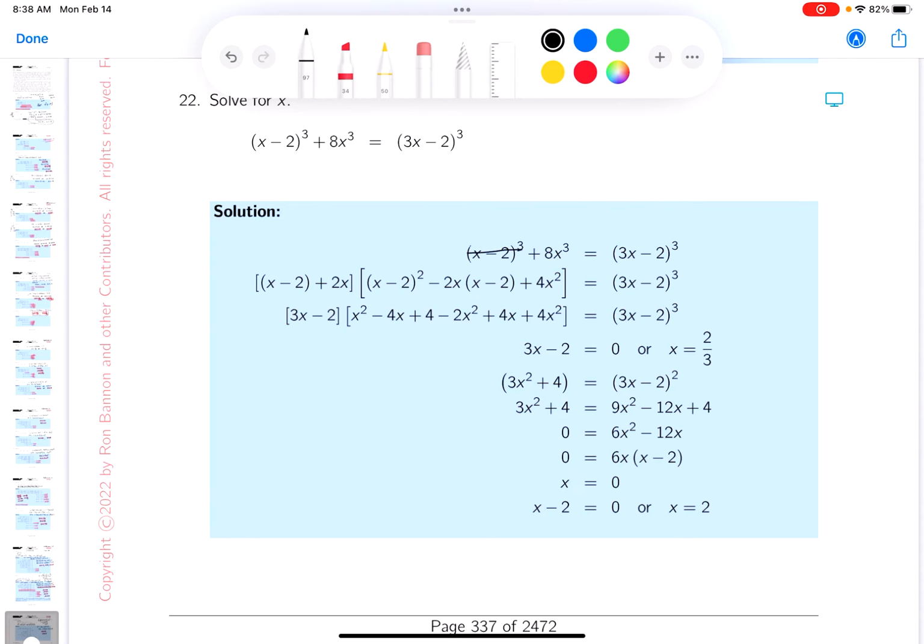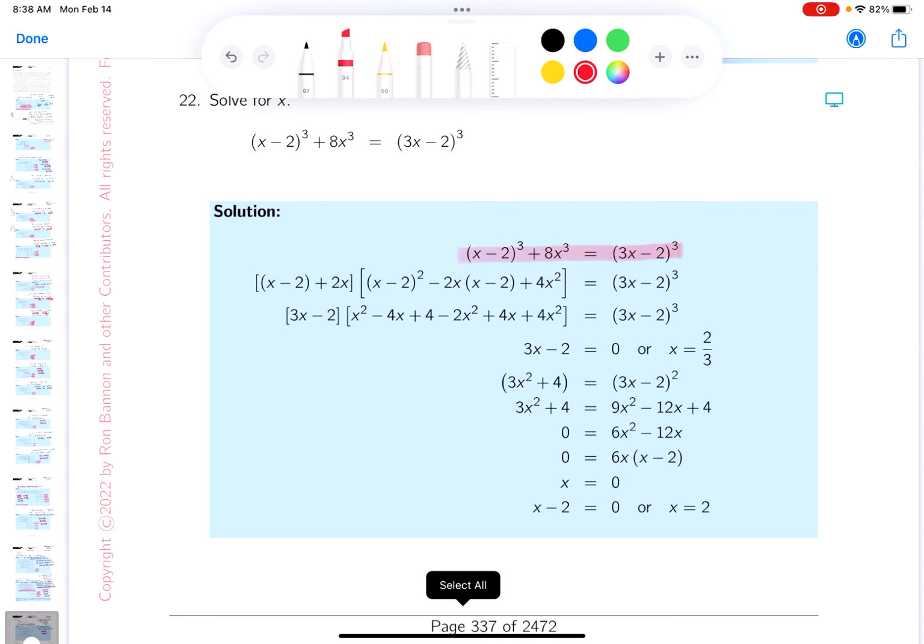So all I did with the first line was copy the problem. The very next thing I did in the problem was use the sum of perfect cubes. That's all I'm using. So what would that be?